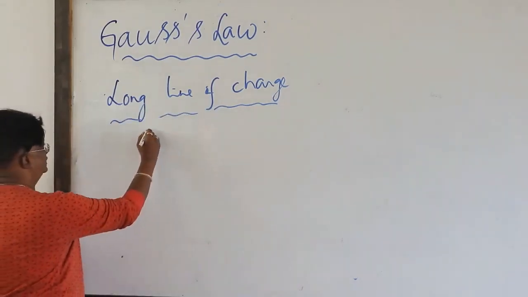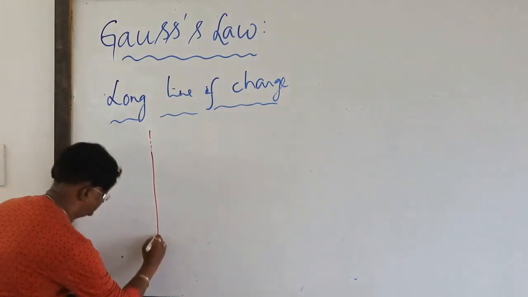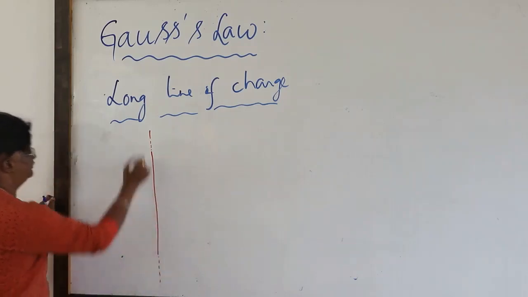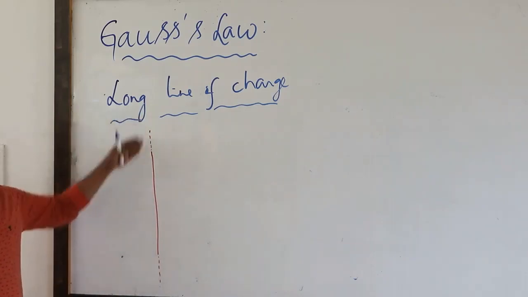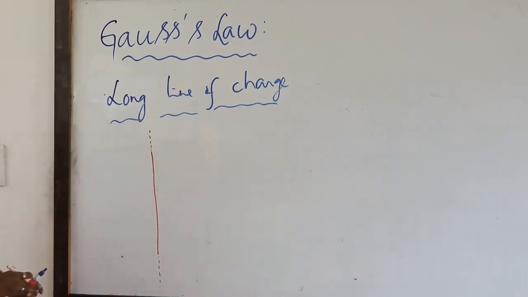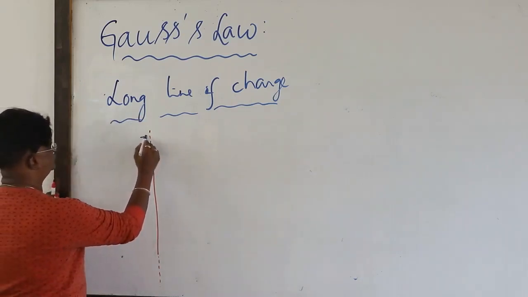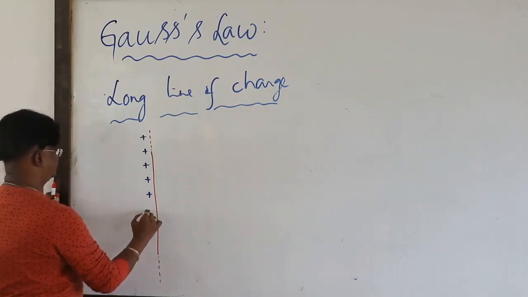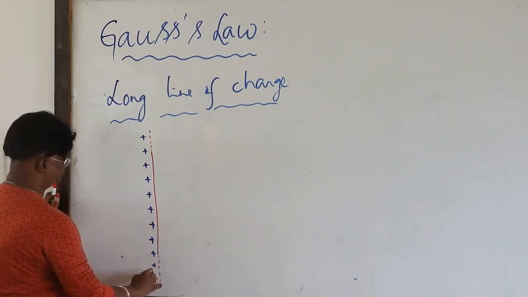Here I show a long line, this is the Y axis. And look here, I have made it a dotted line, meaning I don't know where the ends are. It's too long, not a finite length. Suppose it is charged, and that charge I show with this blue color, suppose it is positively charged. It can be negatively charged as well.